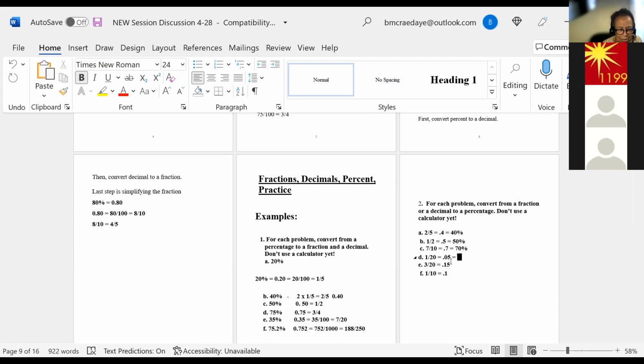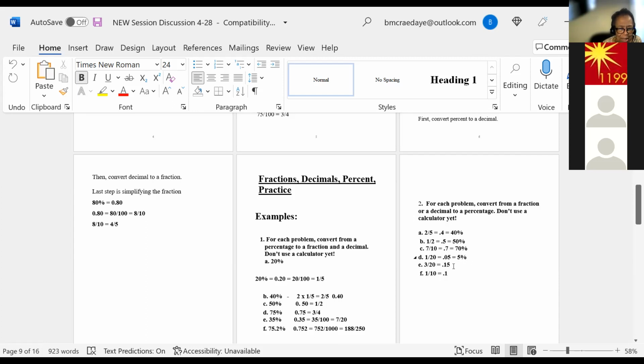It's the same as multiplying by 100. So your decimal point is now behind the 5. What's the percent, Mercedes? The percent will be 5. That's it. Very good. All you're doing is multiplying by 100, moving your decimal point 2 places to the right.